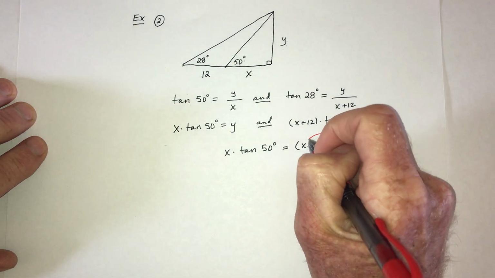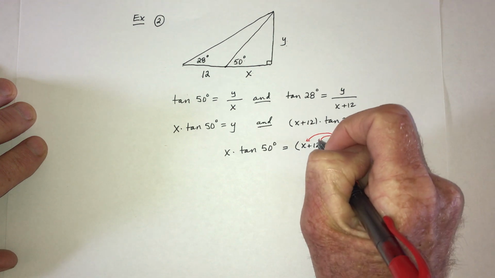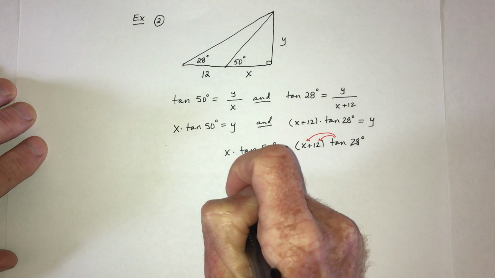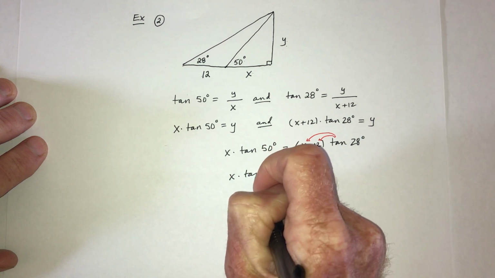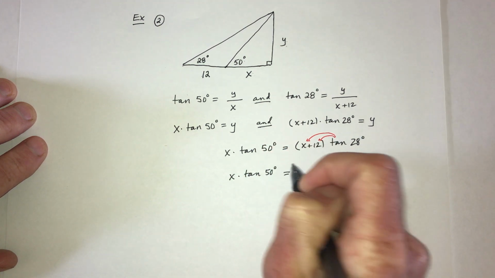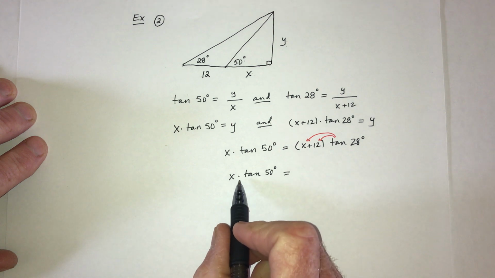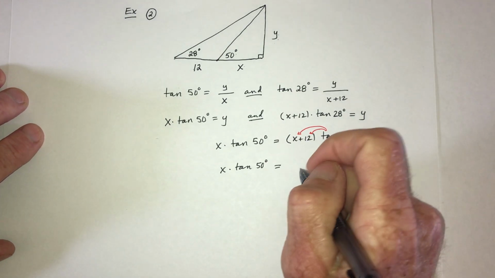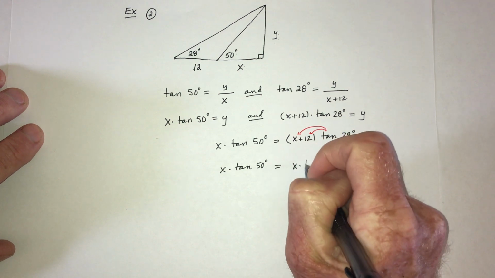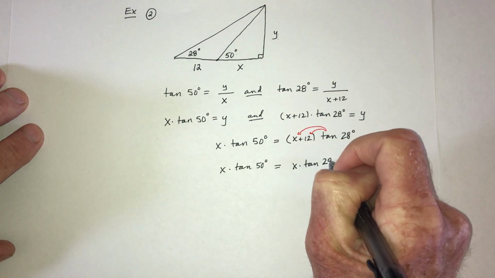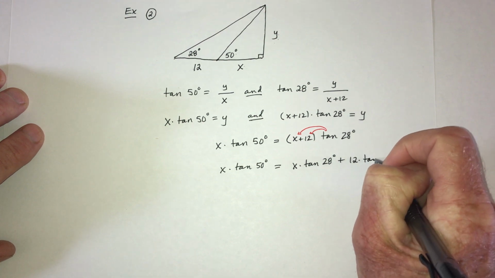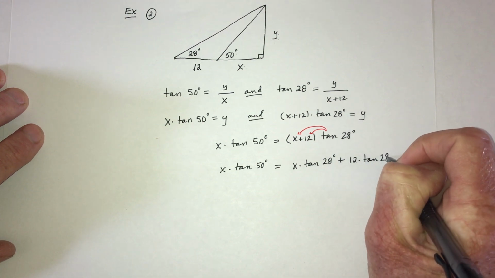Now what I need to do is distribute this tangent of 28 degrees on the right side. The left side can stay the same for right now. The right side will be x times tangent of 28 degrees plus 12 times tangent of 28 degrees.